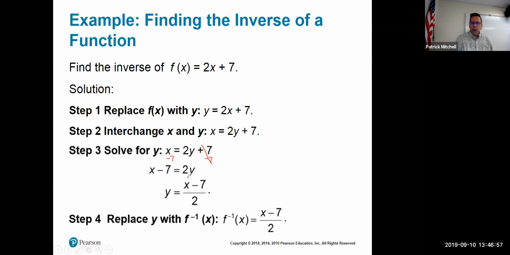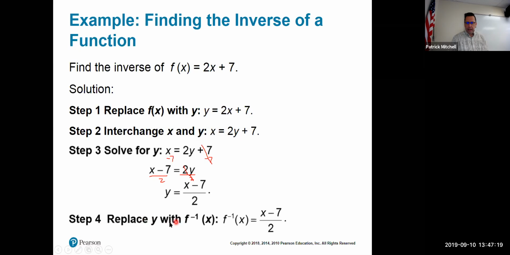And then I'm going to divide both sides by 2 to get that 2 away from the y. So goodbye, goodbye. And that leaves me with y equals x minus 7 over 2. So I think that's my inverse function.